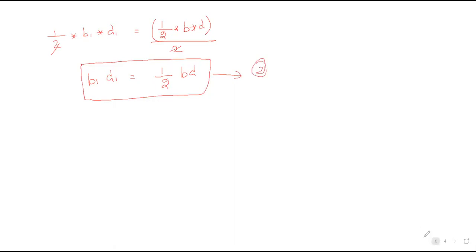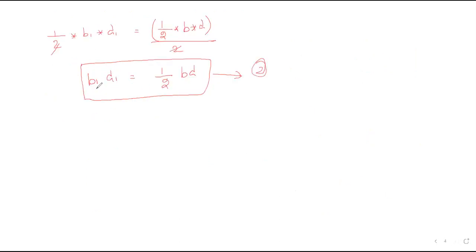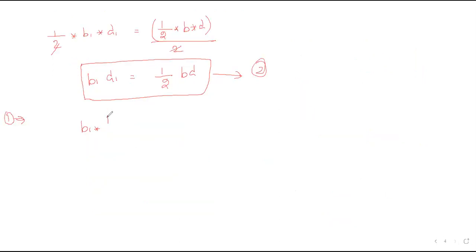Here I already calculated that D1 is equal to B1 into D by B. That I am going to substitute now. In this equation, substitute equation 1 into 2. So B1 into, instead of D1, I have B1 D divided by B, is equal to half into B into D. D gets cancelled.